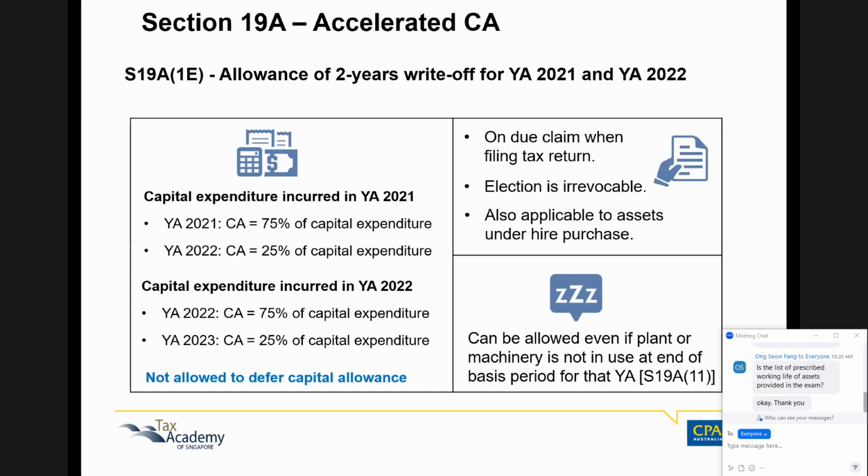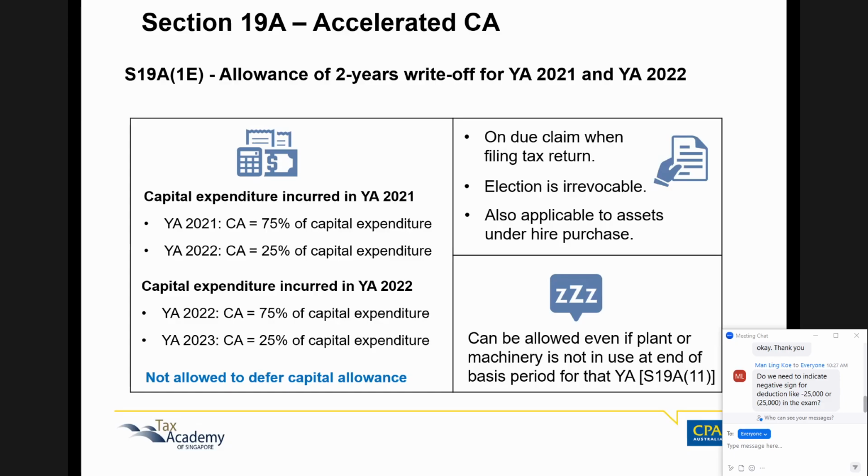But it is very specific on the capital expenditure. If you look at the left-hand column, capital expenditure incurred in year 2021, the CA is 75% of the capital expenditure.